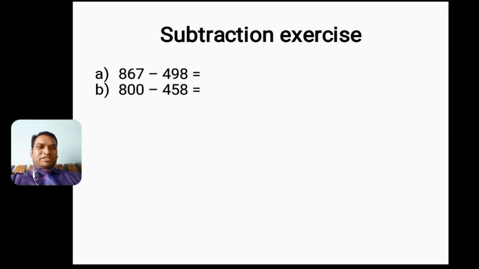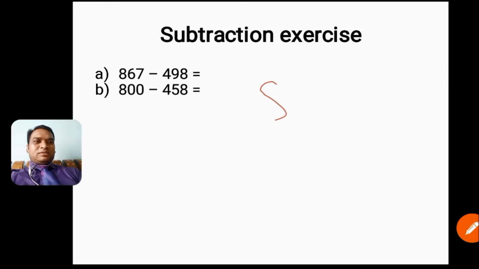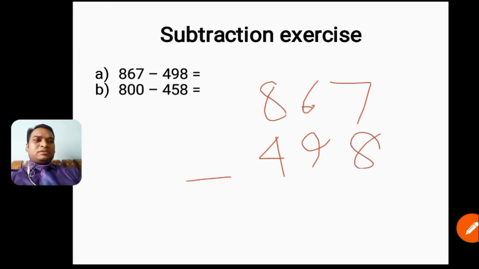So first we need to deduct from 867, we deduct 498. So let's do that. 867 minus 498.